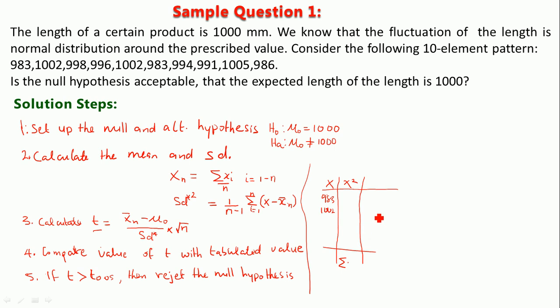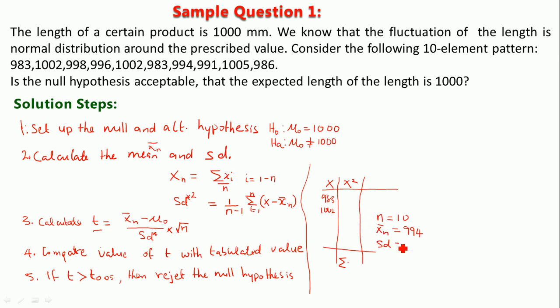So in my case, along the line, there are a number of things you need to write. N is equal to what? N is equal to 10. Then we have x bar, which is the mean, equal to 994.